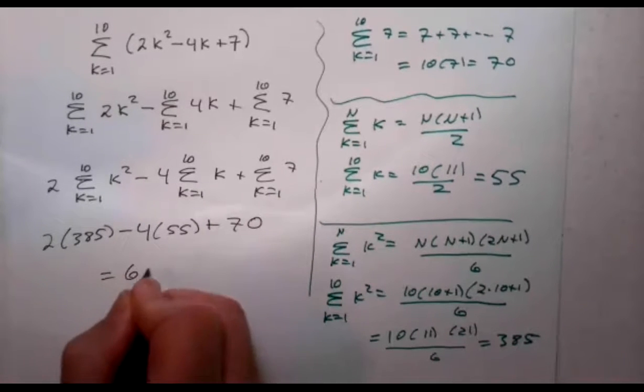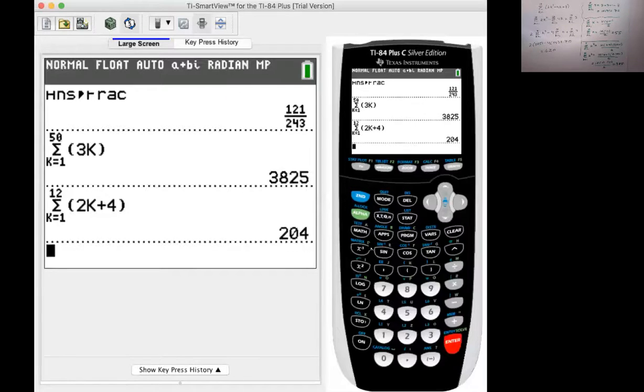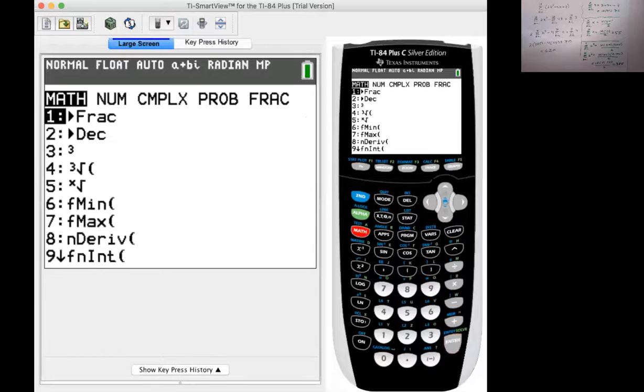And we certainly should check that on the graphing calculator and see if that's right. So let's go back to the graphing calculator and see what we have. Math, 0.